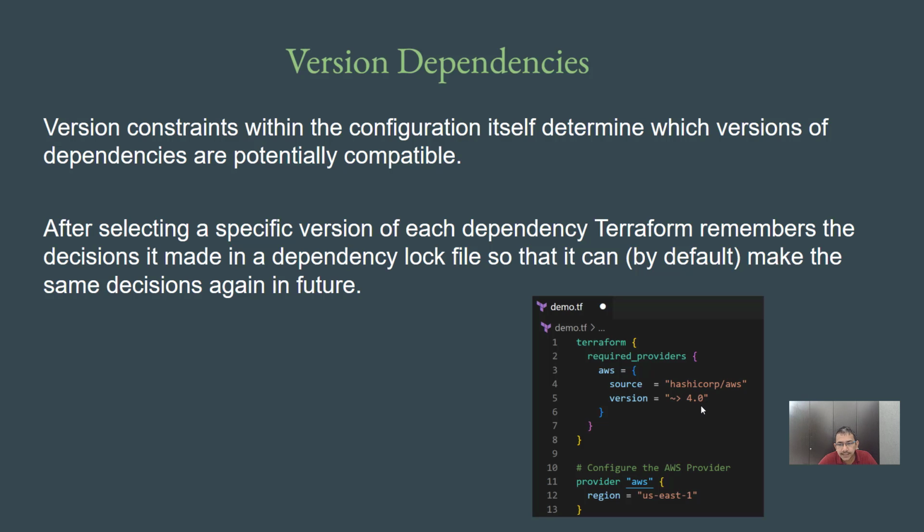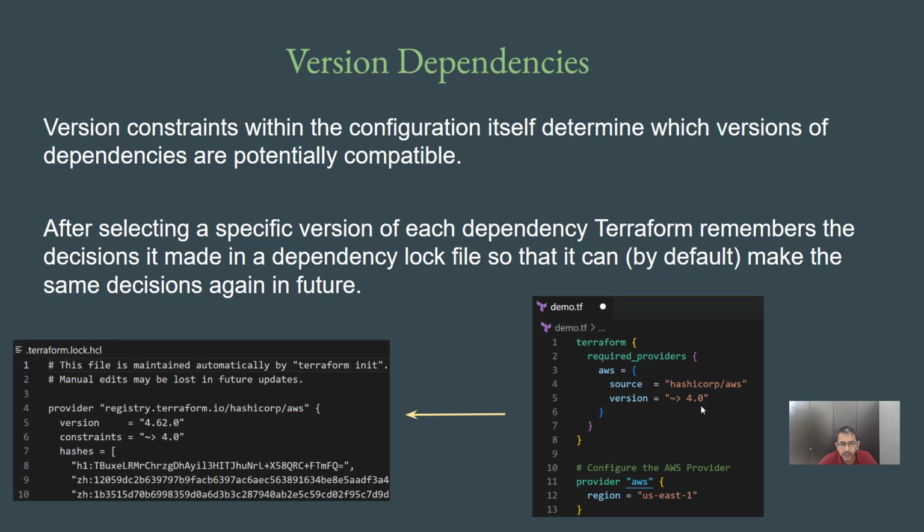Once a specific version is downloaded, Terraform will add the version in a file called terraform.lock.hcl. Here you see the constraint is at 4.0, however the version that was downloaded while running terraform init for the first time is 4.62.0.